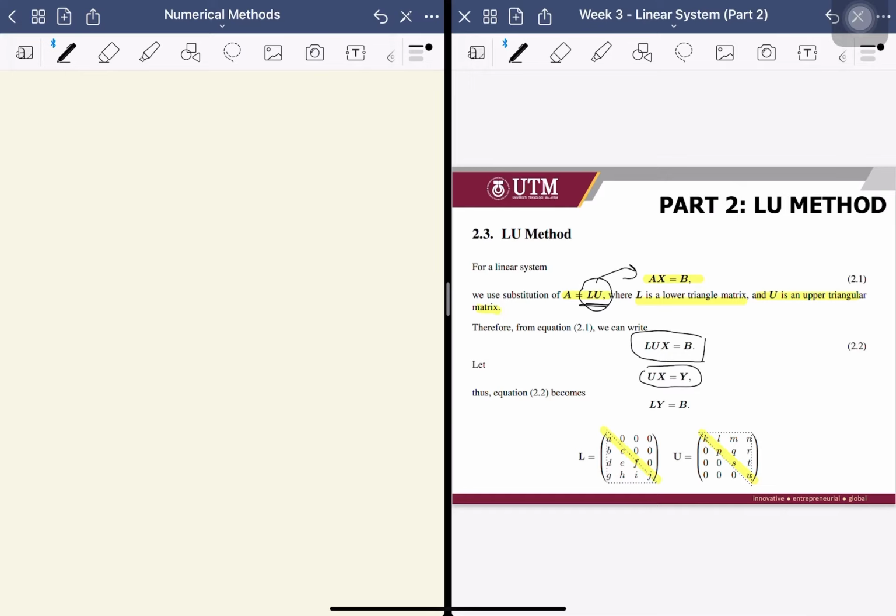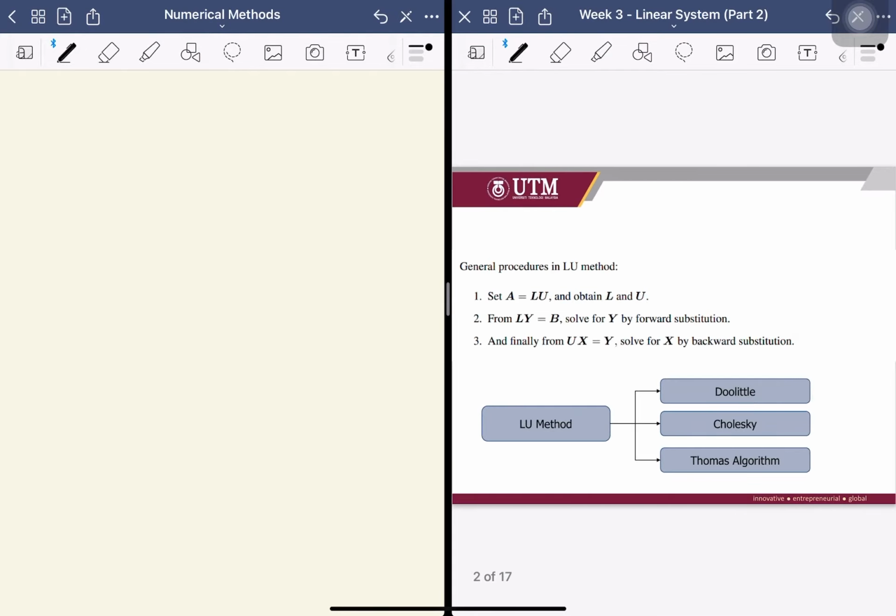For this part we substitute with y, and then from that equation you will get Ly equal to B. So that is the idea. We substitute the given matrix A equal to LU, then our new form is Ux equal to y, and after that we solve using Ly equal to B. So these are the definitions for LU.